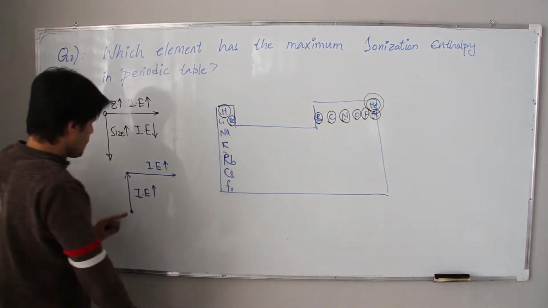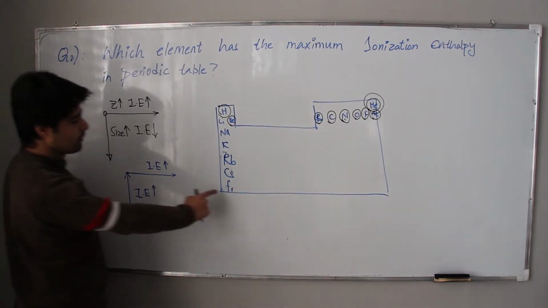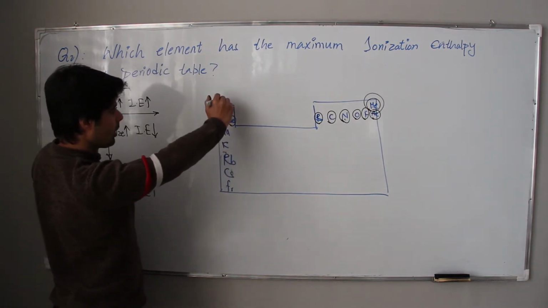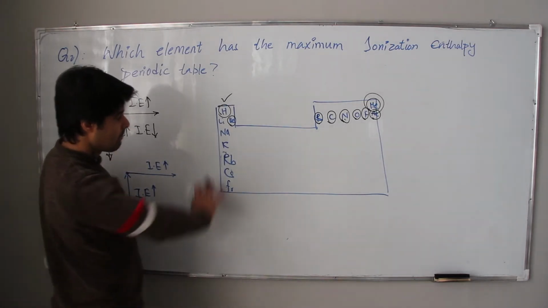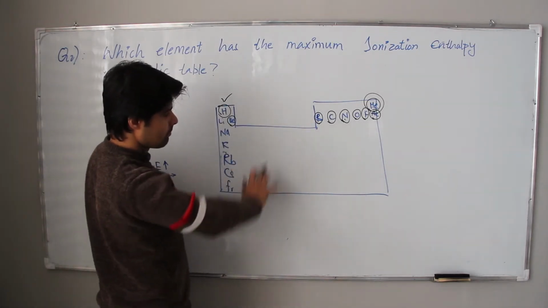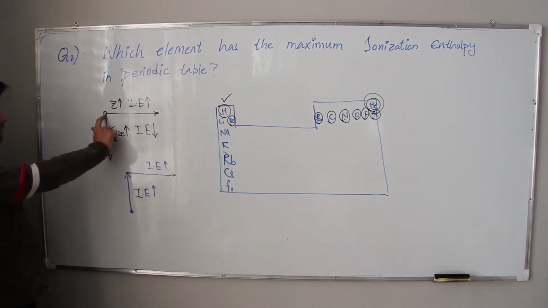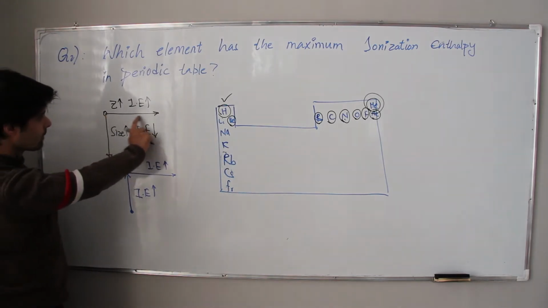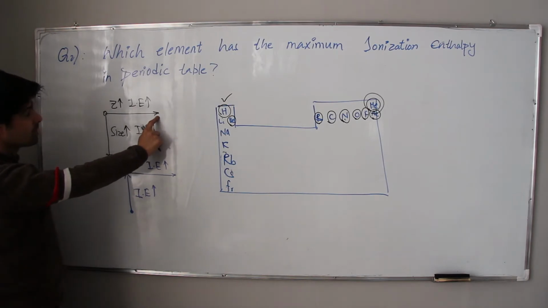Now from bottom to top, hydrogen is the topmost in its group, but among the whole periodic table we should also go along the period. It means we should consider the condition of the period.